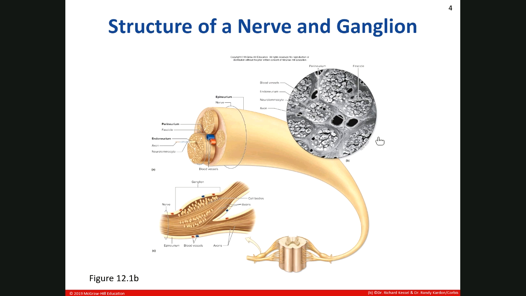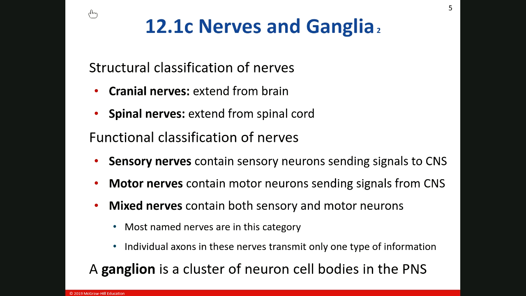All right, let's jump into nerves and ganglia. So here's a breakdown to give you a little bit more of a general idea when we're talking about nerves and ganglia. These two terms are pretty much referring to the peripheral nervous system. A nerve, like I said, is a bundle of axons.